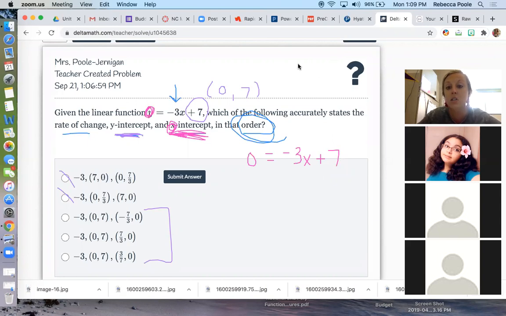So we want to solve this for x. All right, what do I need to move first? I'm covering x. Subtract 7. Subtract 7, very good. This is just review from our first unit. So what's 0 minus 7? 7. What kind of 7? -7. There we go. -7 equals -3x.